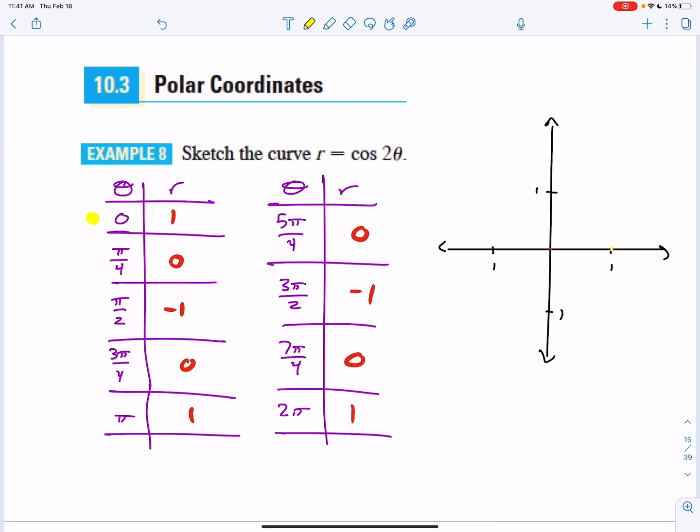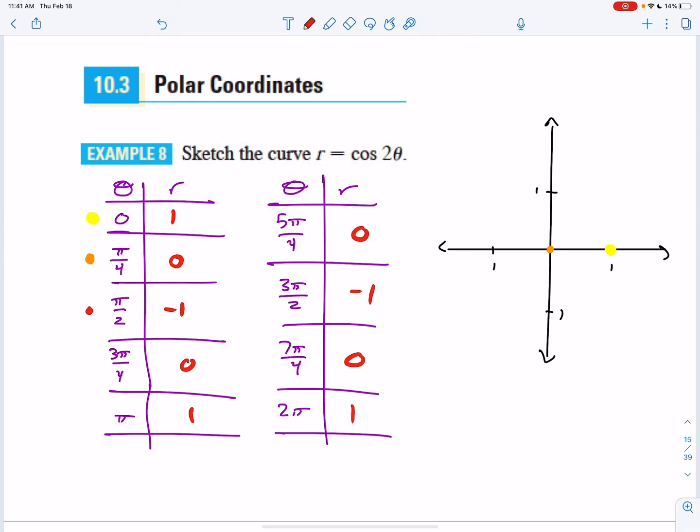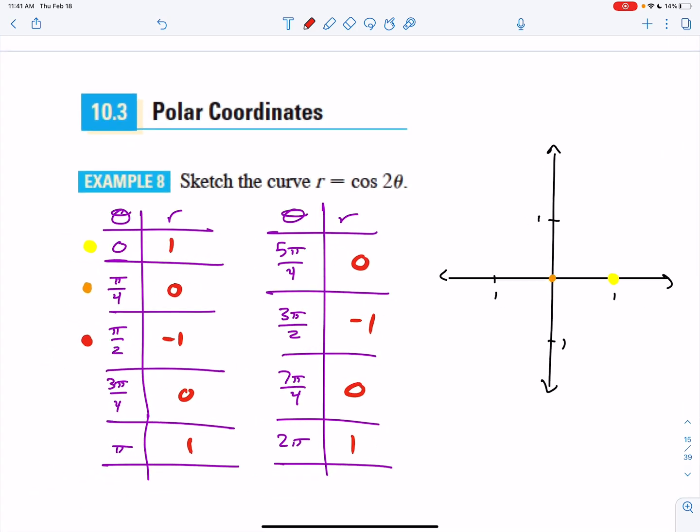The radius, you stay there. So I'm going to be here. The next one is pi over 4, which is in quadrant 1, but the radius is 0. So I'm pretty much right here at the origin, okay? And there's a reason why I'm using different colors. At pi over 2, I'm at the top here. I'm at the positive y-axis, but since the radius is negative, I go opposite, so now I'm here.